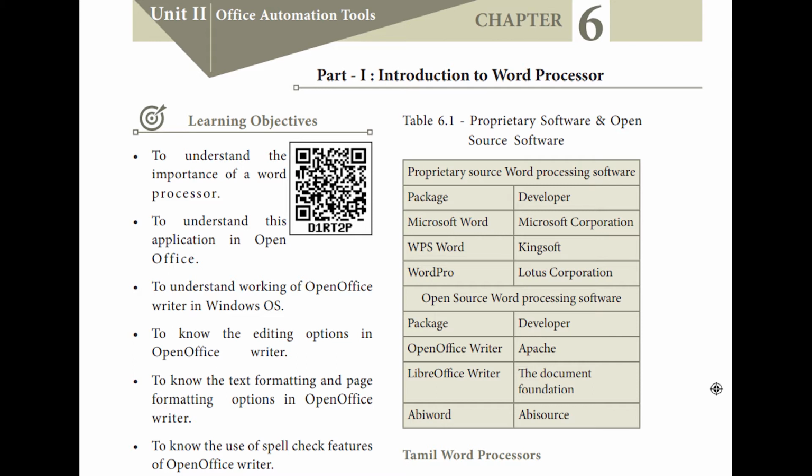When you are learning this lesson, you can learn it thoroughly. If you are willing to download and install this Open Office free of cost, you can just use HTTP, then you have to put a colon, and then www.openoffice.org/download. So the link is http://www.openoffice.org/download.